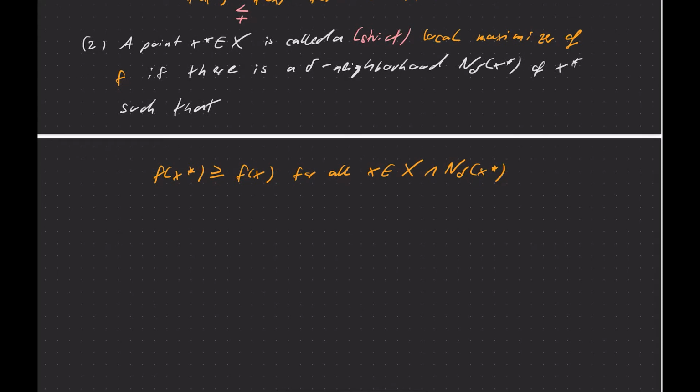In analogy to these local definitions, we can of course also define what a global minimizer or maximizer is. So that's point 3, and we do both minima and maxima in one take now.